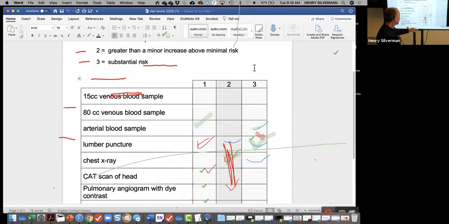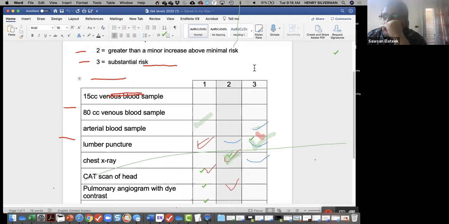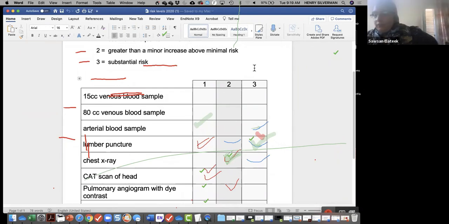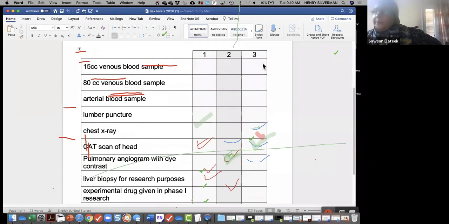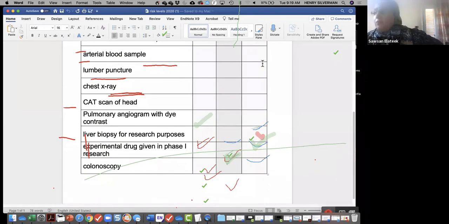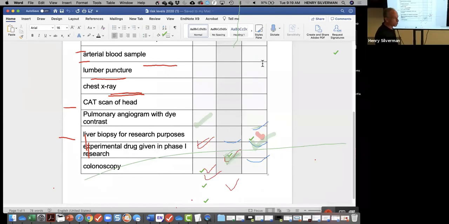What about a CT of the head? I think this is less than, greater than a minor risk. Minimal risk? Greater than minimal risk.